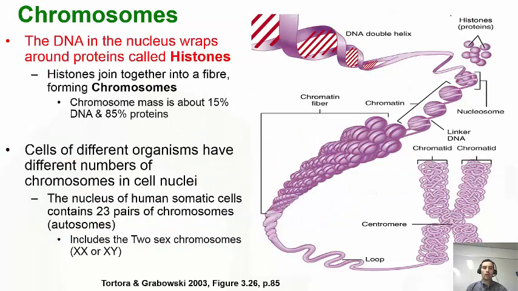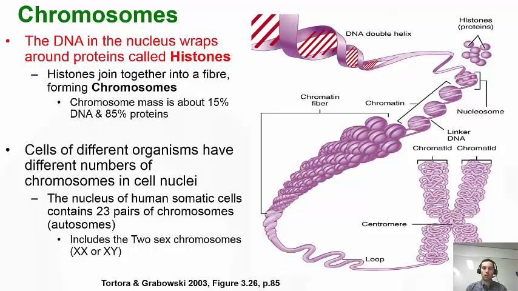So we do have a lot of DNA in our nucleuses. So I'm sure you've all heard of our chromosomes. So basically our chromosomes are the very condensed version of our DNA. So we can see in this picture here that what the DNA actually does is it winds itself around these proteins called histones, and then those histones clump together.